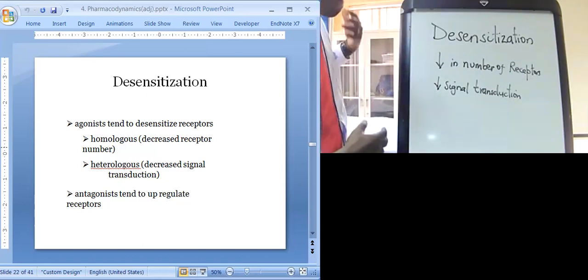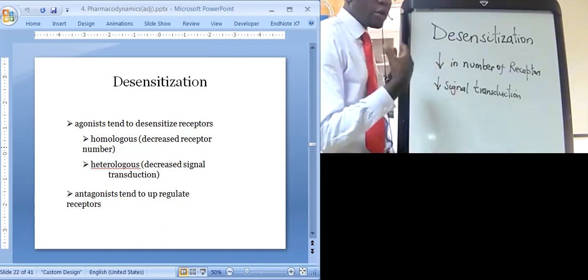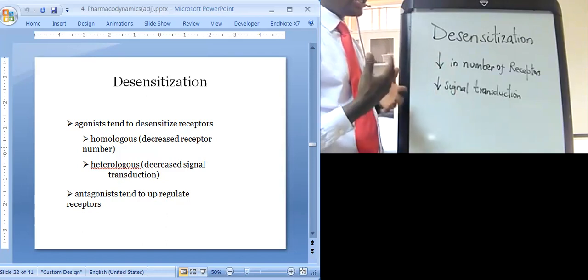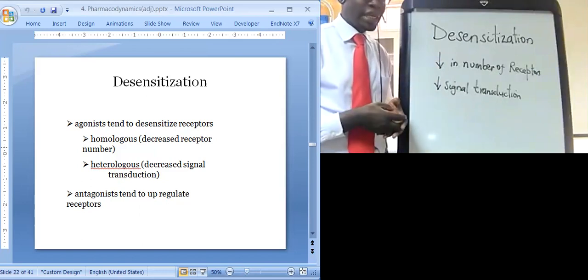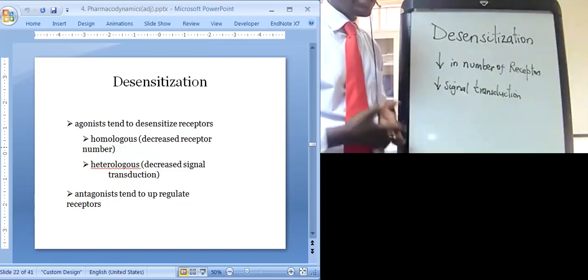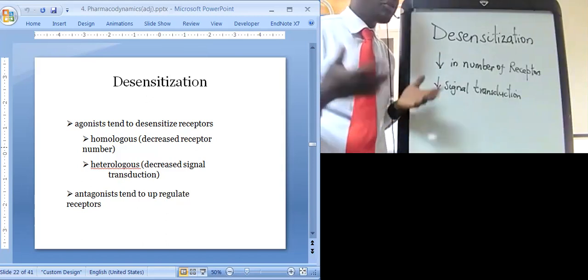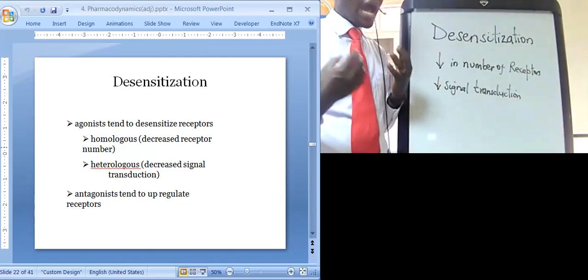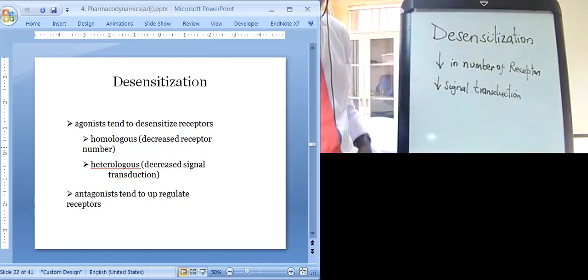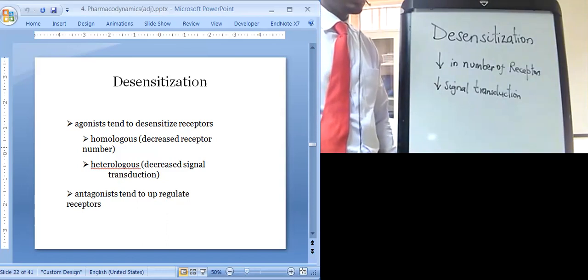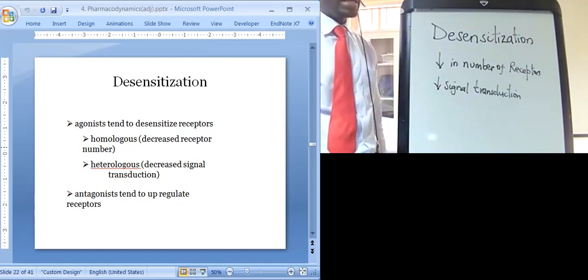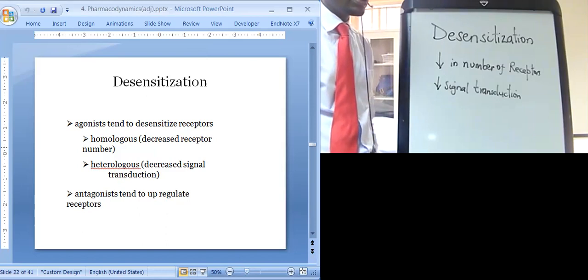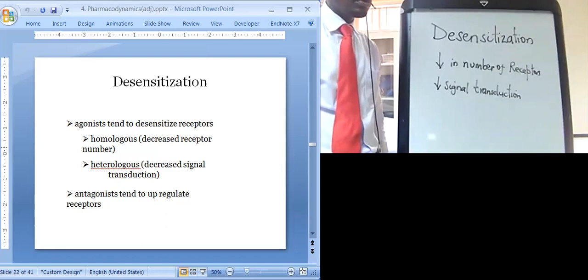In other words, once we give an antagonist, usually we have more manufacture of receptors. Remember, we said receptors are proteins, so they can be manufactured anytime, or destroyed anytime. So antagonists tend to bring about upward regulation of receptors, while agonists tend to bring about desensitization, a decrease in number of receptors, or a decrease in signal transduction.